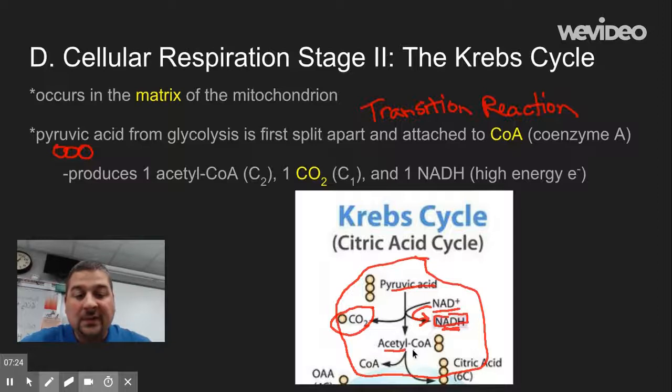The acetyl group is connected to a coenzyme called coenzyme A, so we often just abbreviate it CoA. So the pyruvic acid loses a carbon as CO2, which releases electrons to NADH, and you end up with this 2-carbon substance, acetyl-CoA, which is taken into the mitochondria and enters the Krebs cycle.